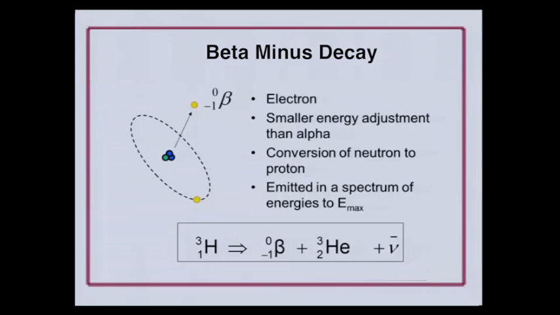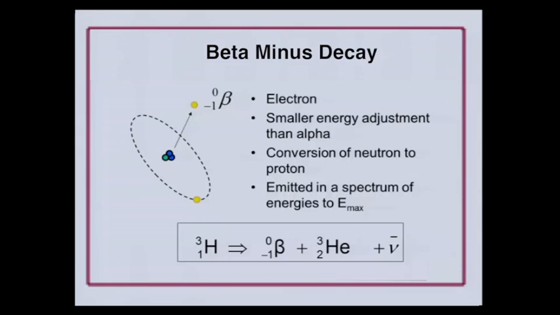And then this little V with a bar above it, this is the antineutrino. Now, it plays a couple of roles in our beta minus decay. Remember I said that the total energy emitted is a spectrum. And typically we say that the energy being emitted by that beta particle coming off of a beta emission is going to be 1/3 of Emax.